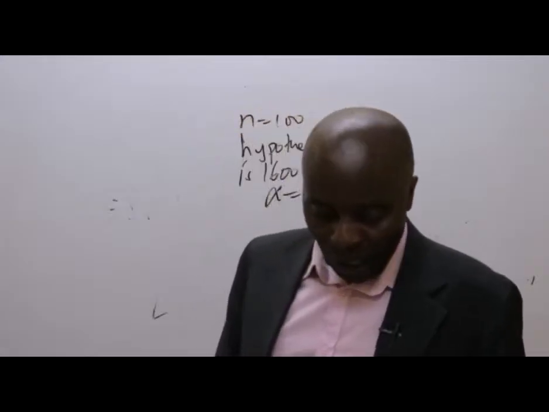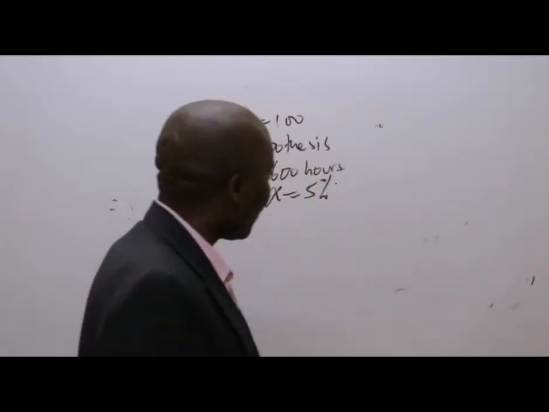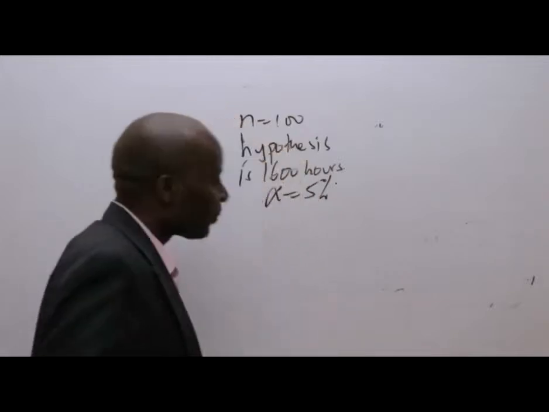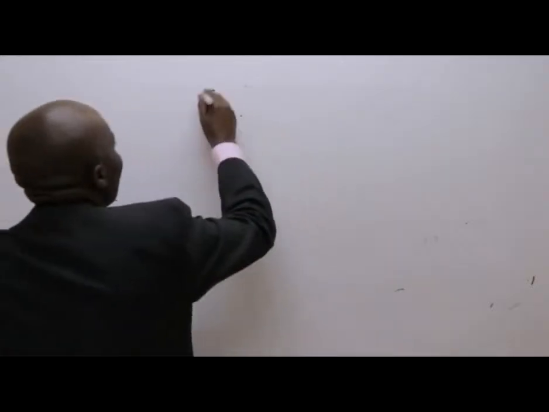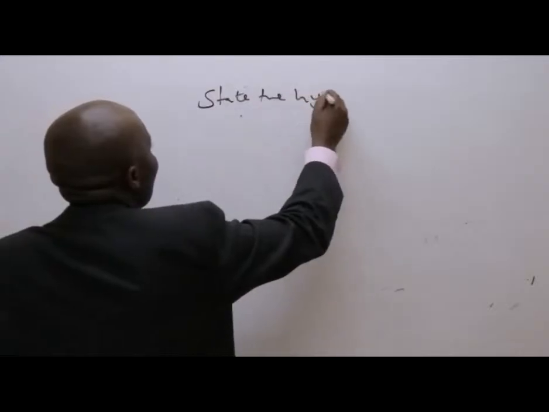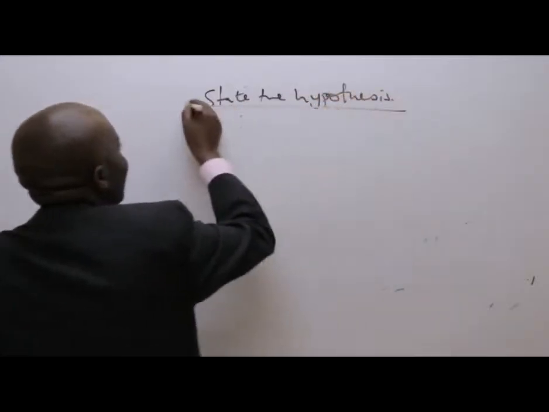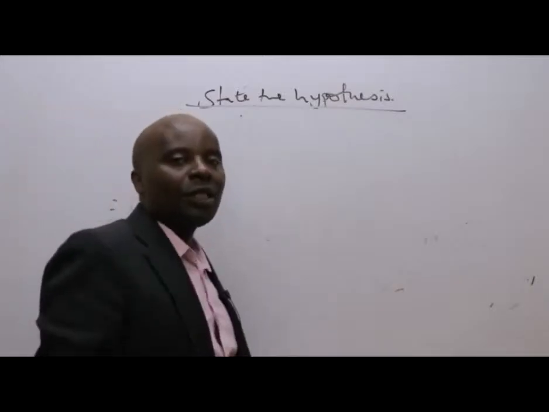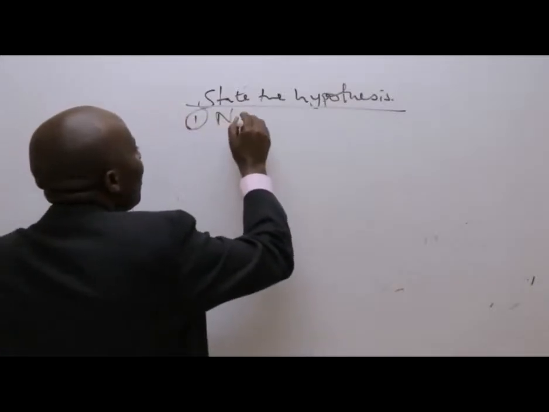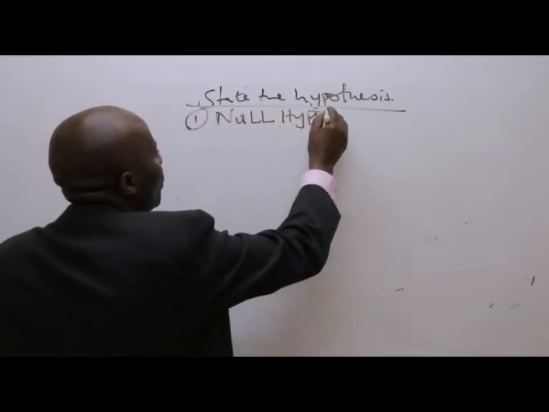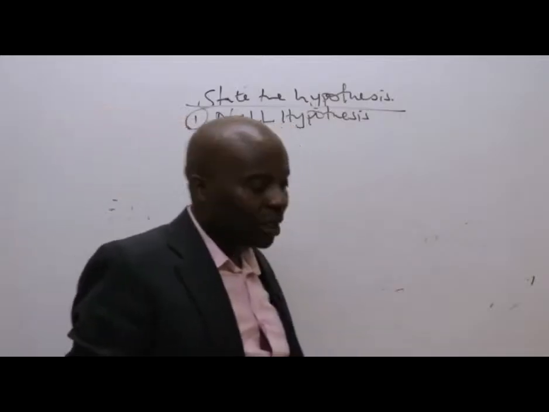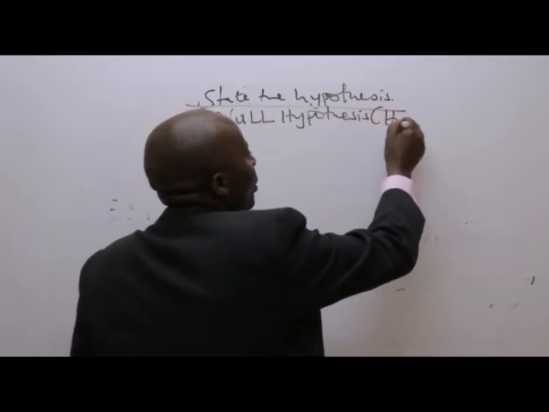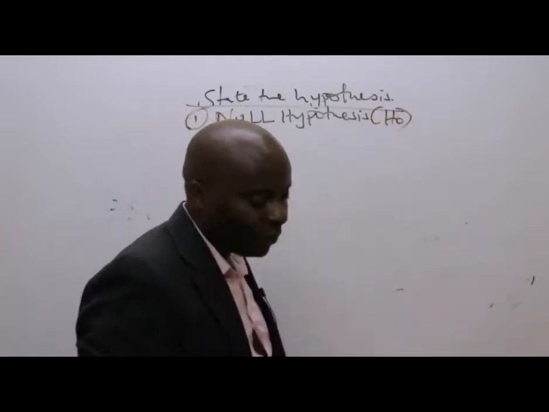This is very, very easy. So how do we get started? We state the hypothesis. So step number 1, state the hypothesis. We normally have 2 claims. The first claim is the null hypothesis, which we shall be abbreviating as H0.